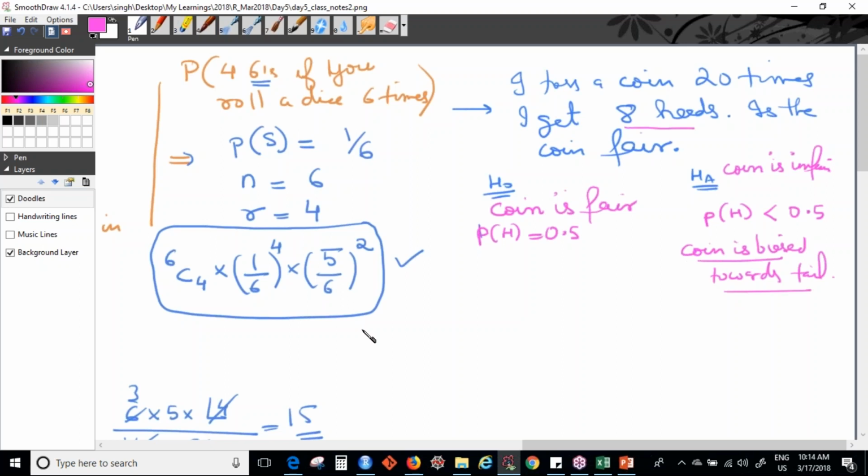Okay, now our next task will be to find the p-value. So how will you find the p-value? We will assume the null to be true, we'll assume the coin to be fair, and then we will try to find the probability of the alternative or more in its direction. So we will try to find the probability of getting 8 heads or more in its direction. Now what is the direction of alternative, guys?